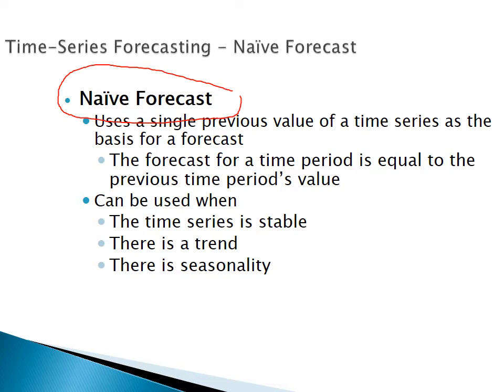Or it can be an addition of a particular value over last period's demand. Like we assume that the demand always increases by 5. So yesterday's demand plus 5, that would be the naive forecast. Again, there are a number of examples in the book which you should look at for this naive forecasting.